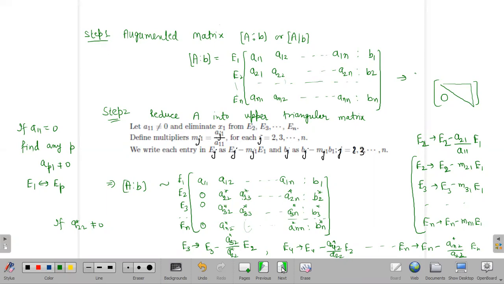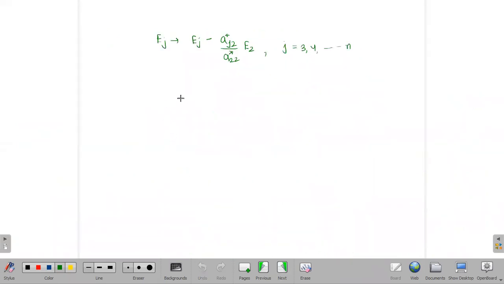So now if I write in general, what will be the operation? EJ minus AJI, that will be double star or triple star maybe.